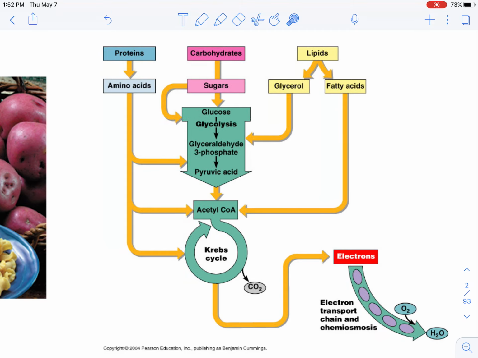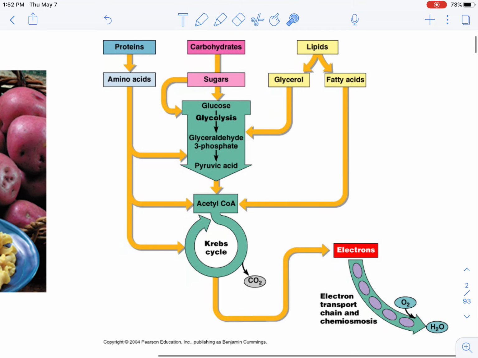For instance, if we have glucose, which is a simple carbohydrate, a simple sugar, it's going to undergo a sequence of reactions labeled as glycolysis and the Krebs cycle.